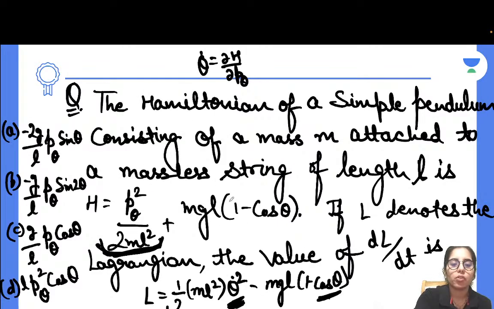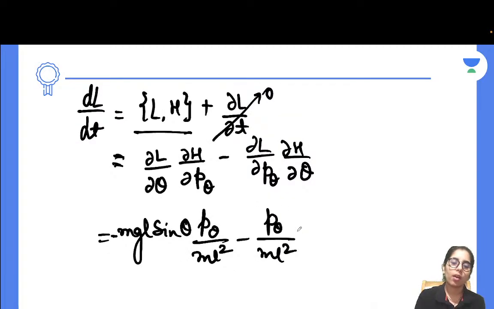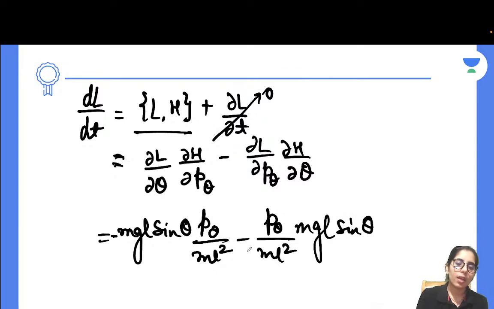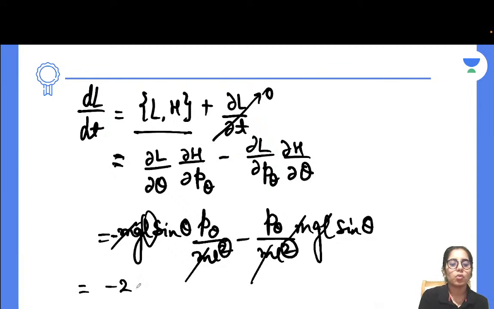What about delta H over delta theta? That will be the negative of cos theta. So it will give you negative sin theta, negative negative positive, mgl sin theta. When you simplify it, things cancel out, one l gets cancelled out. And then you are going to have negative of 2 p theta g over l.